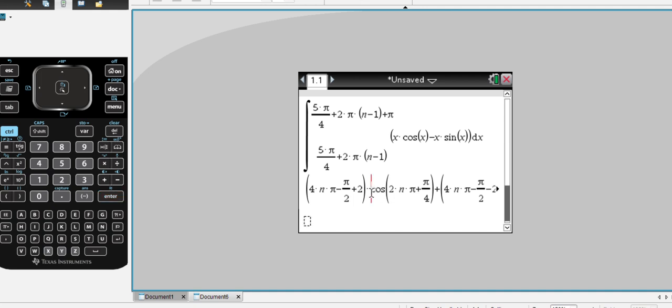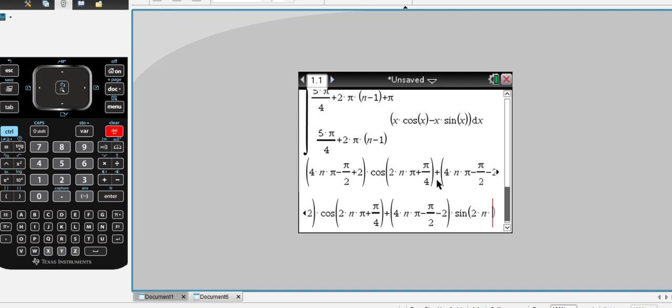And then what we're looking at here is, once again, the CAS isn't assuming that n is an integer, but we can. So if n is an integer, well then this is just going to be equal to cos of pi on 4, which is root 2 on 2. And then same with the sine over here. This is also going to be equal to root 2 on 2.